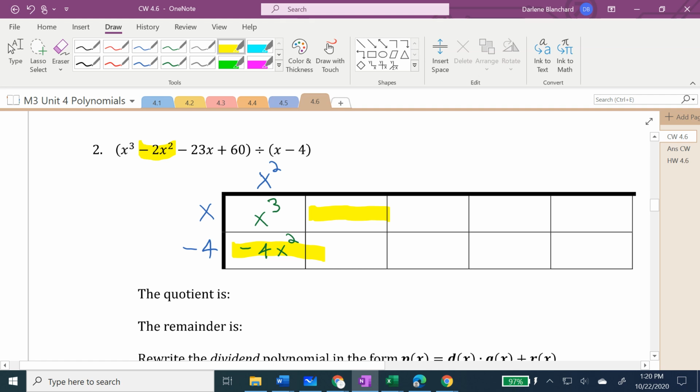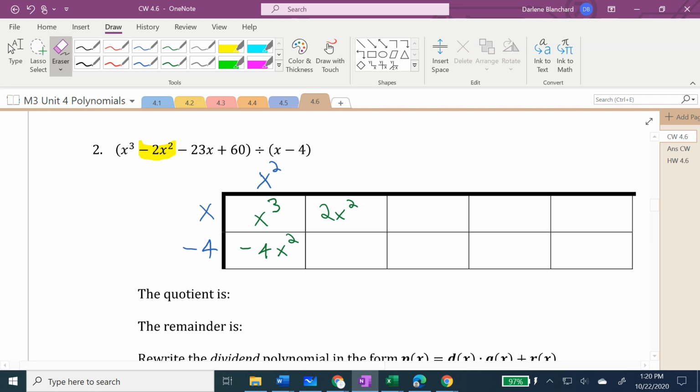So what do I add to negative 4x squared to get negative 2x? And so that's you've gone through the process one time.